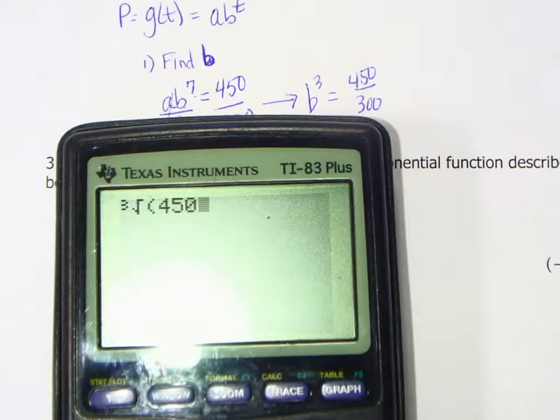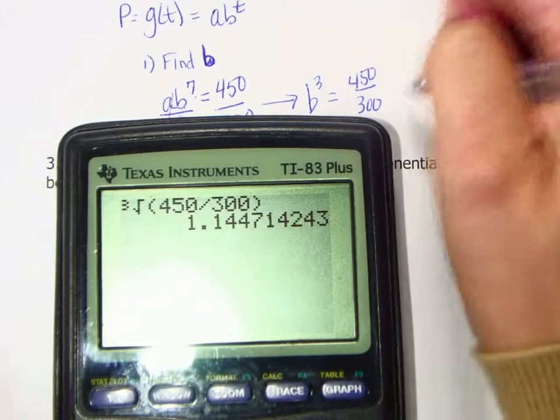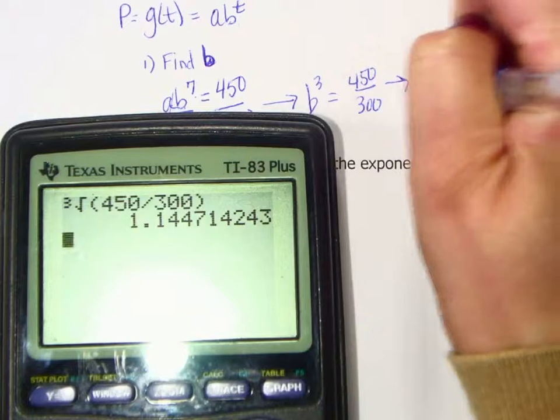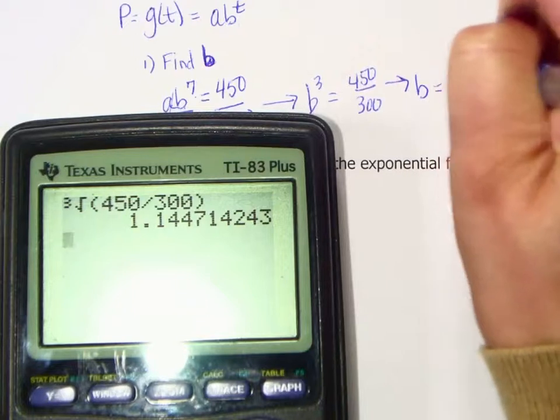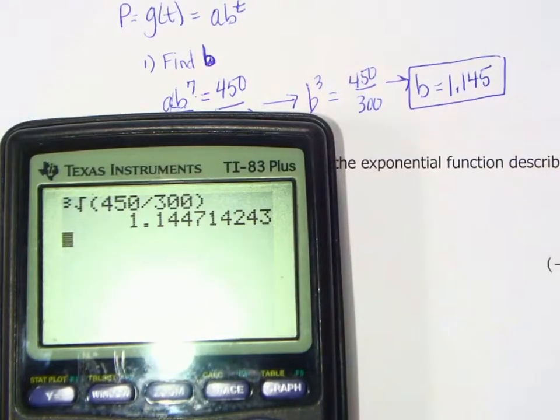So cube root of 450 divided by 300. We'll go ahead and round to 3 decimal places. So my value of b I'm getting is 1.145. So there's the first piece of information that we need to be able to write this exponential function.